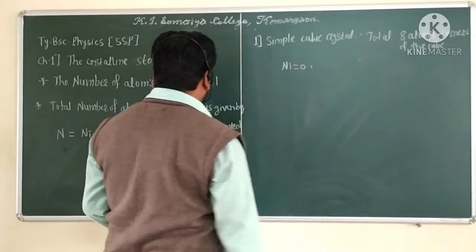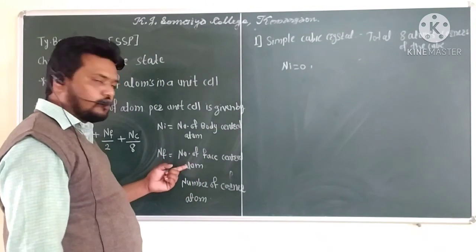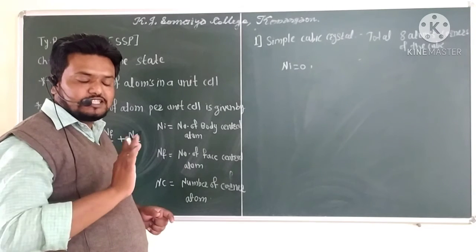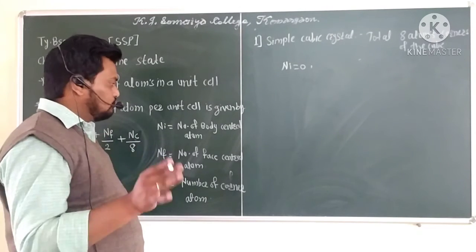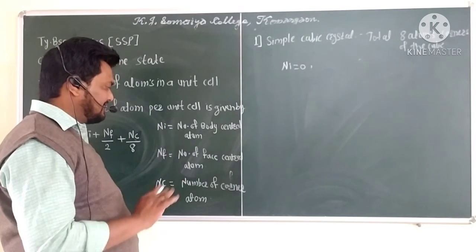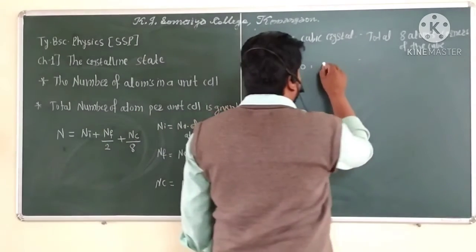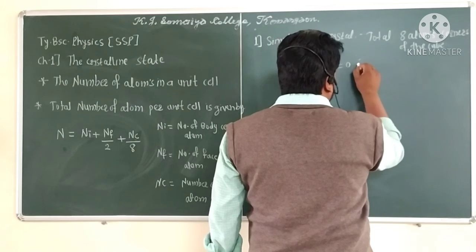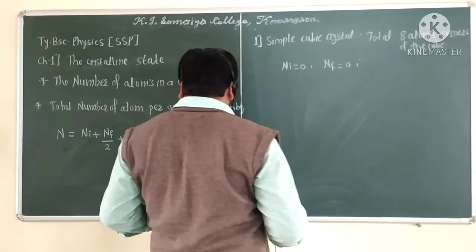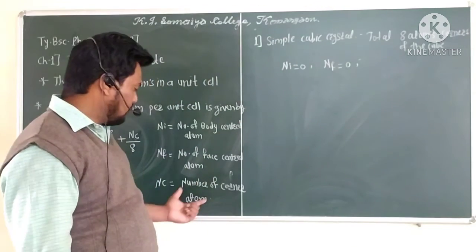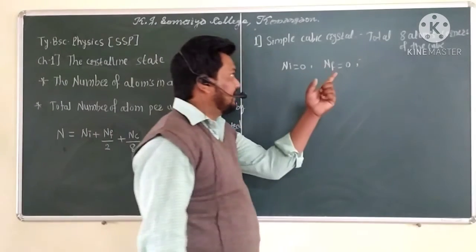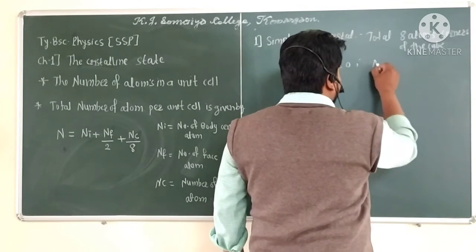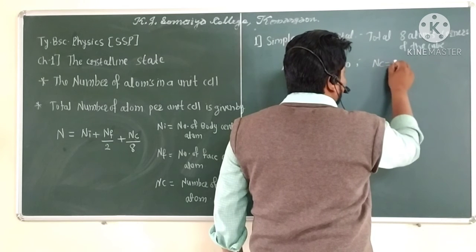Next, Nf is the number of face centered atoms, and in simple cubic structure there are no atoms located at the face center. So the value of Nf is equal to 0. Next, Nc is the number of corner atoms, and here a total of 8 atoms are located at the corners. So Nc is equal to 8.